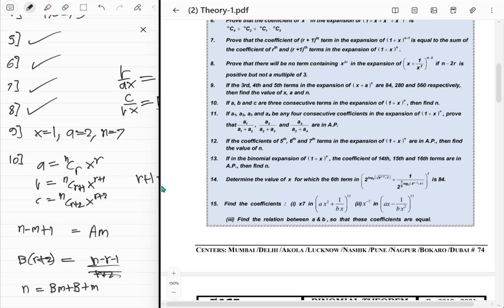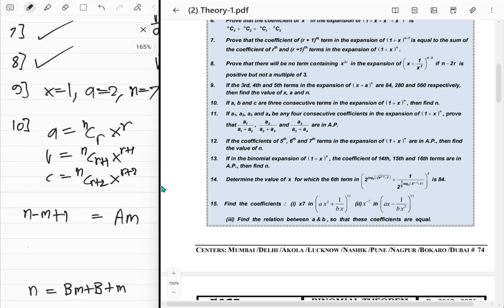Okay, so let's try to do it. So n is equal to a plus 1 times m plus 1. Then n is also equal to b plus 1 times m plus b. So now what we can do is multiply by these things and subtract, and you'll get the thing.